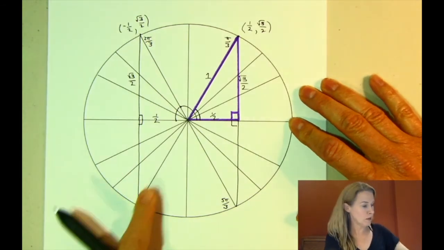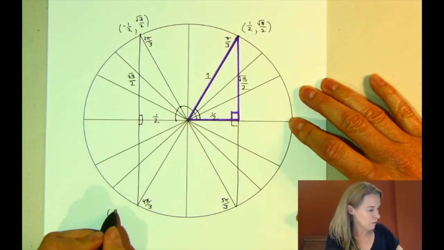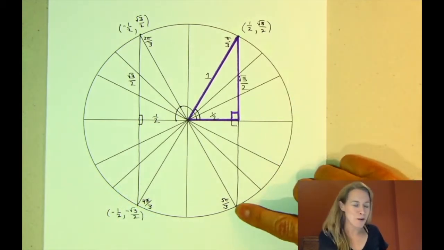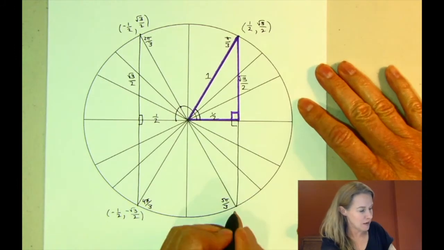For 4 pi over 3, both coordinates are negative. And for 5 pi over 3, I've got positive and then negative.